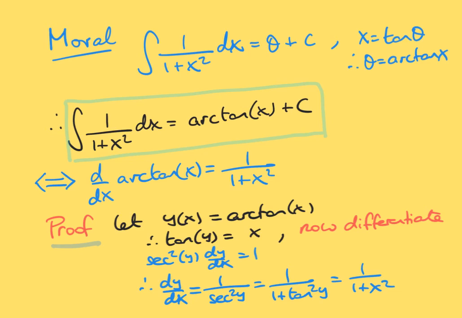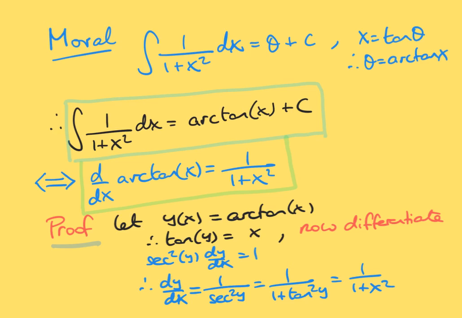Now, any integral gives you a free derivative. If you differentiate the integral, you should obtain the integrand. So this tells us that the derivative of arctangent must be 1/(1 plus x squared). Again, that's well worth knowing, but it's exactly the same result, really. There's nothing new about it. If you know one, you know the other.